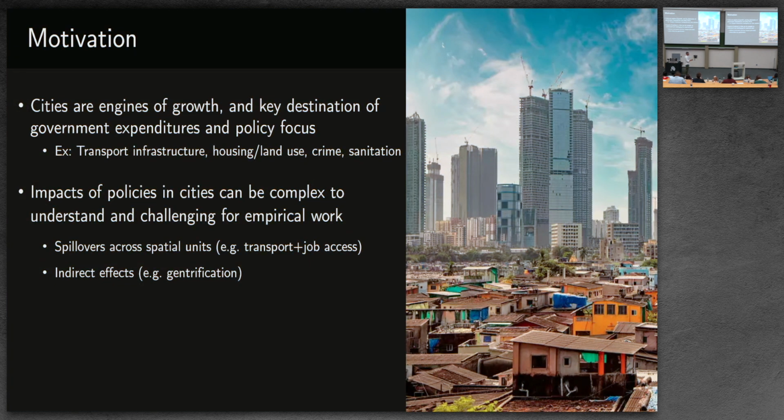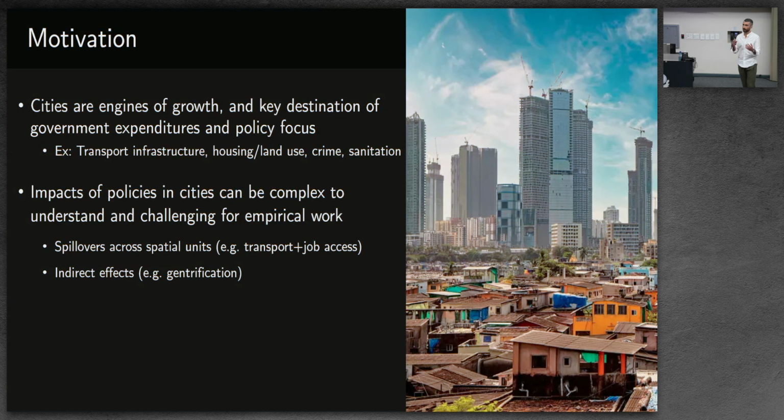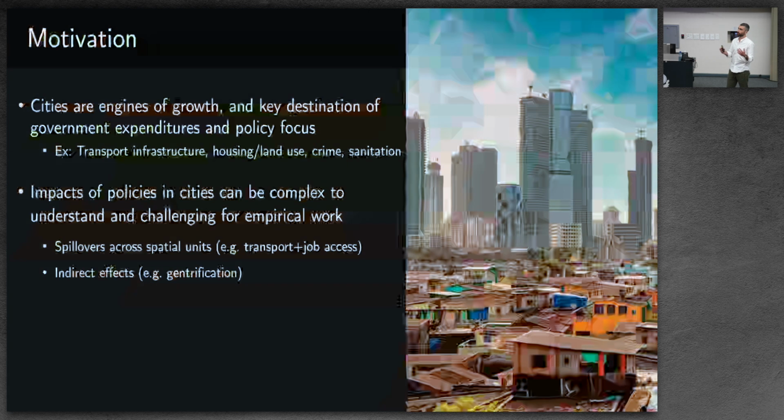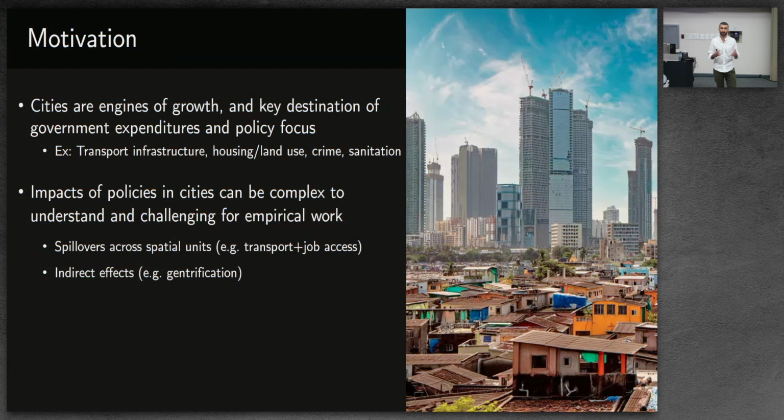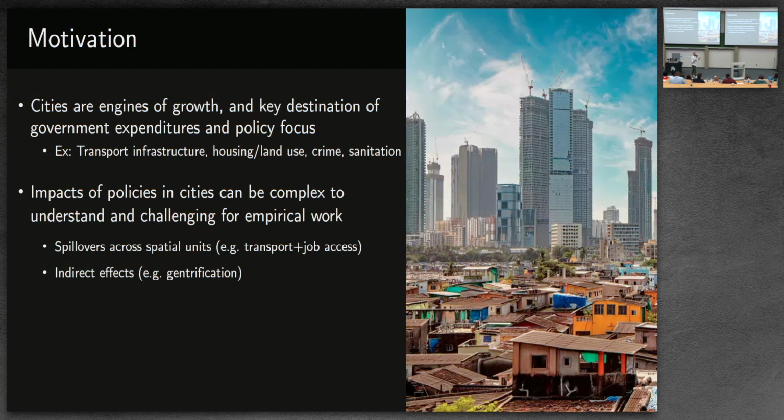They can be challenging for empirical work because in cities you have a lot of linkages between spatial units. That can create spillovers, and that can create a challenge for your typical analysis. So let's think of one example, a transport policy.